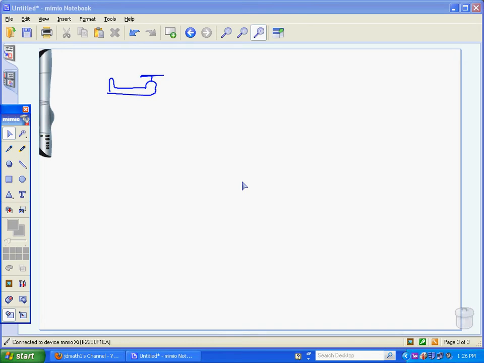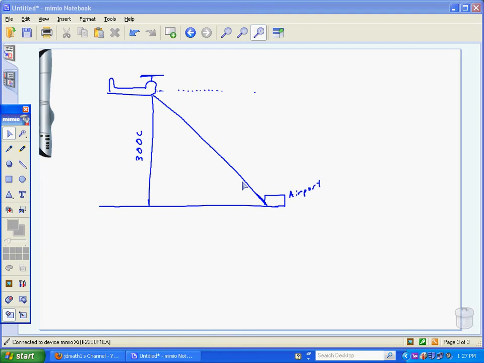Now, think of the horizontal coming off of the helicopter, and the ground being here, with an airport building right there. So here's the airport, here's my helicopter. If I drew a triangle down to the airport and straight down, we have the height or altitude. Let's make it 3,000 feet. I think you might have a question like this in your assignment.